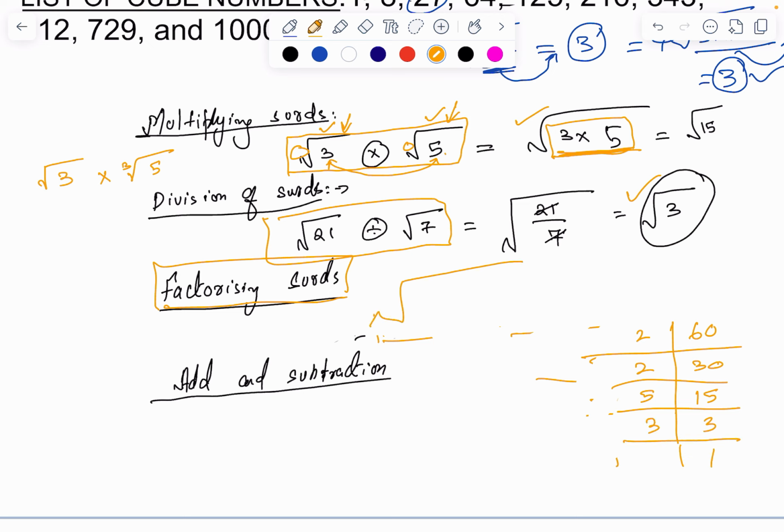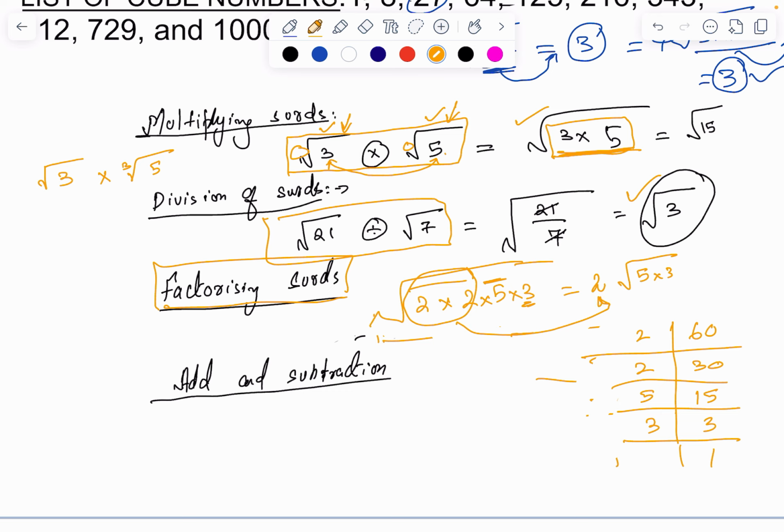So you can write 2, 2, 5 and 3. Here you can see there is a pair of 2 and 5 is alone here and then 3. So 5 and 3 will stay inside, this 2 will come out.